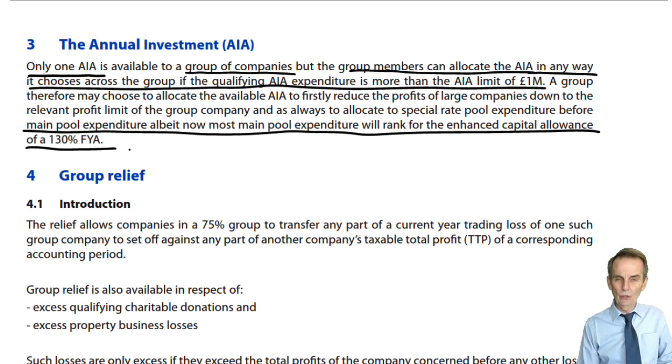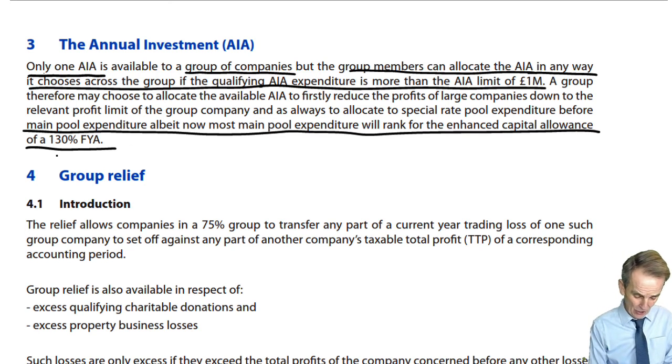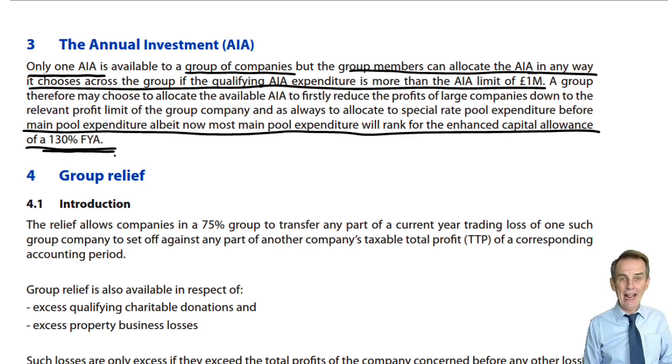But now on all of what would have been main pool expenditure that qualified for AIA, we can get this 130% FYA. You can claim 130% instead of 100%. You're going to make the FYA claim. Which means that now there are only very few items, like second-hand plant and machinery that you might have bought, that would be eligible for AIA over and above your special rate pool expenditure.